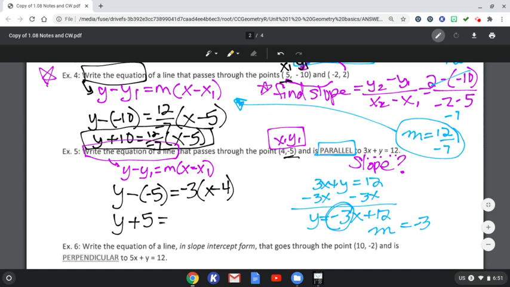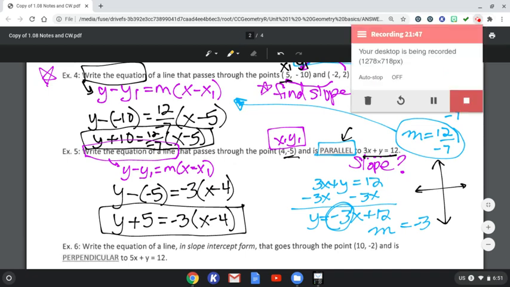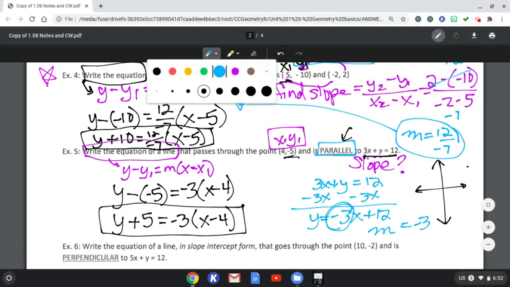So we have y plus 5 equals negative 3 times x minus 4. That's going to be the equation of a line that is parallel to this 3x plus y equals 12. So if we think about it, if we were in the coordinate grid, if we were to graph this, we'd have a slope of negative 3x and it'd cross at positive 12.